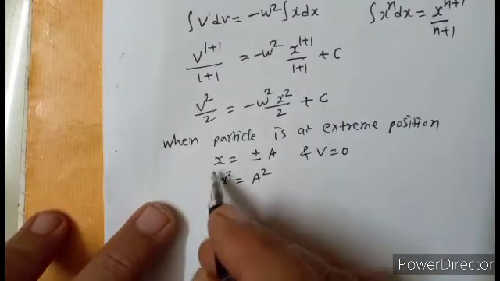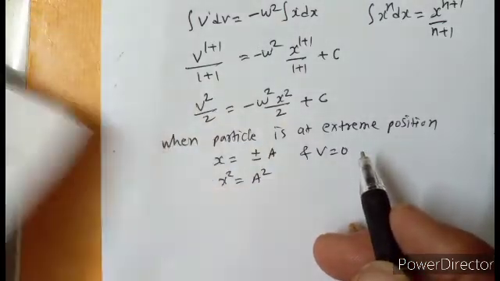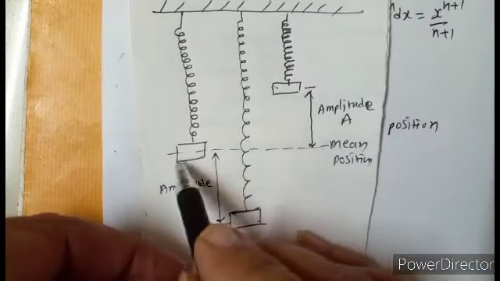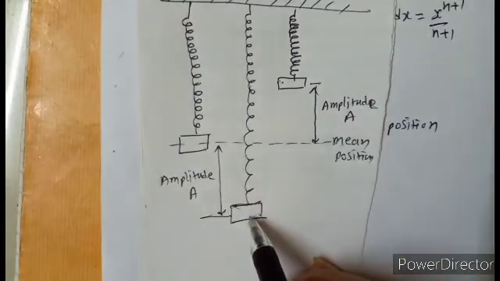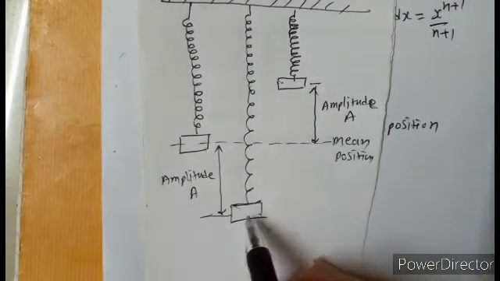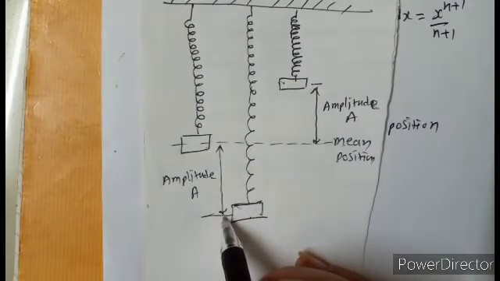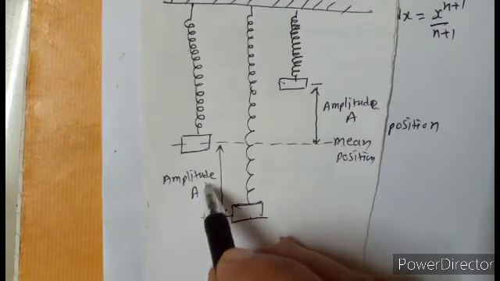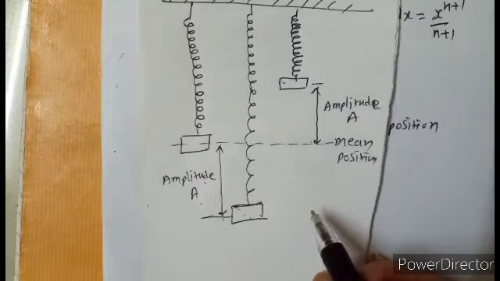We apply this when the particle is at the extreme position. So this is your mean position. Now the particle is displaced to the maximum distance, that is the extreme position. Then the distance from mean position to the extreme position is nothing but amplitude a. This is on the downside, also similar to the upside.